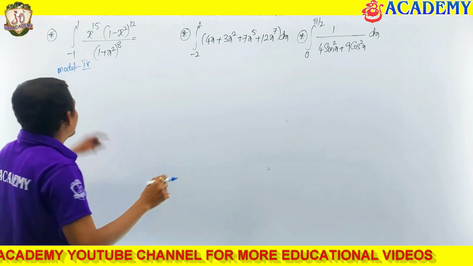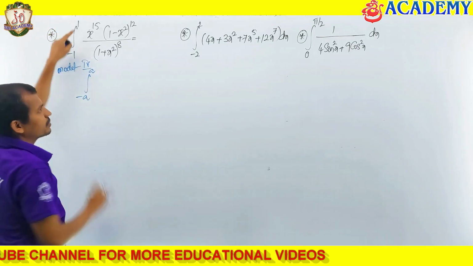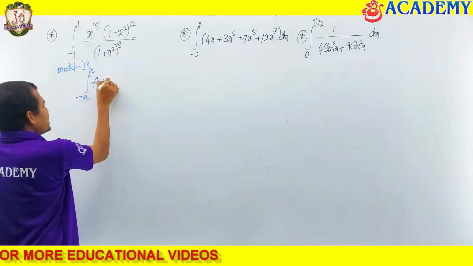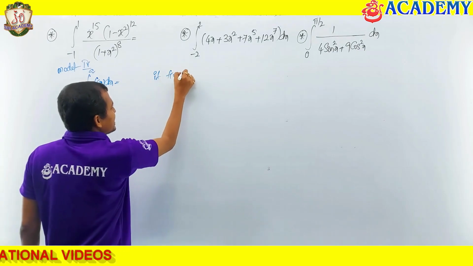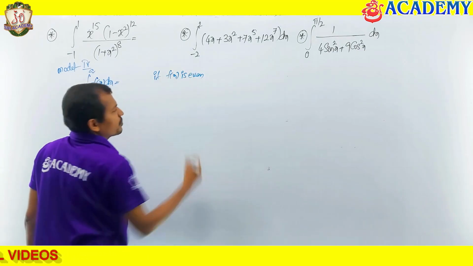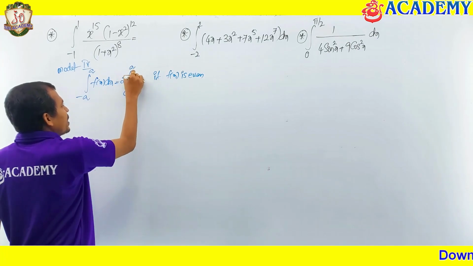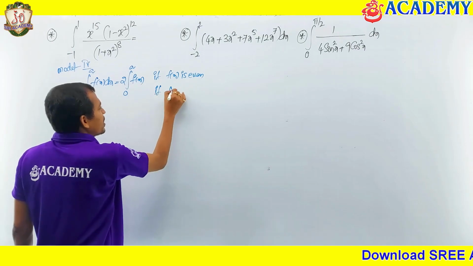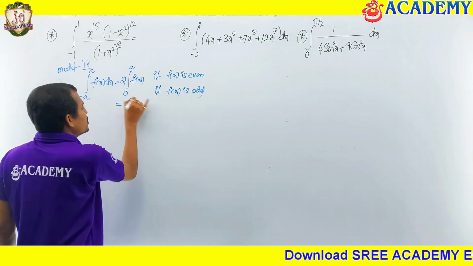That is nothing but when the limits integral minus a to a is there. If the given function is even, the answer is going to be 2 into integral 0 to a of f(x) dx. If the given function is odd, we will write the answer directly as 0.